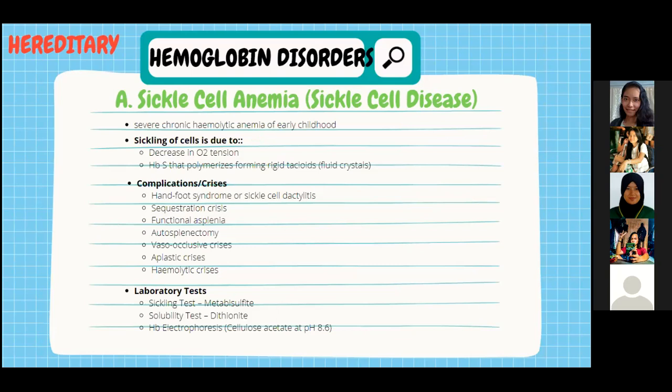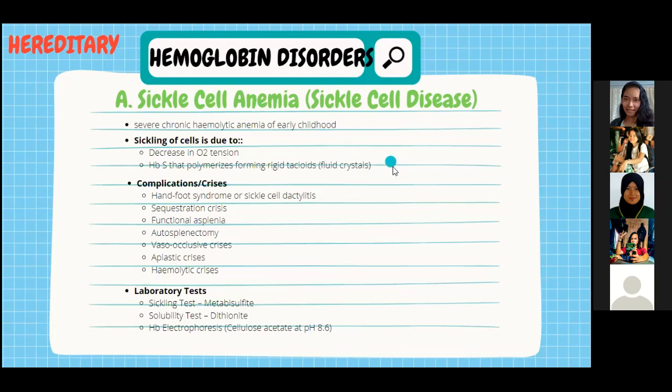So normally, the flexible round red blood cells move easily through blood vessels. But in sickle cell anemia, the red blood cells are shaped like sickles or crescent moons. So these rigid, sticky cells can get stuck in small blood vessels, which can slow or block blood flow and oxygen to parts of the body.